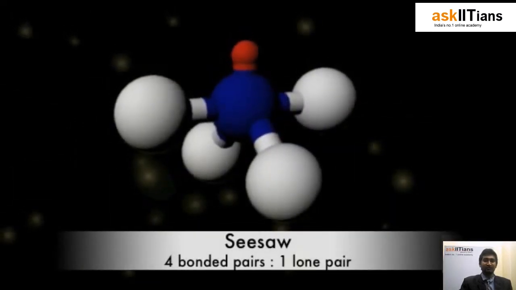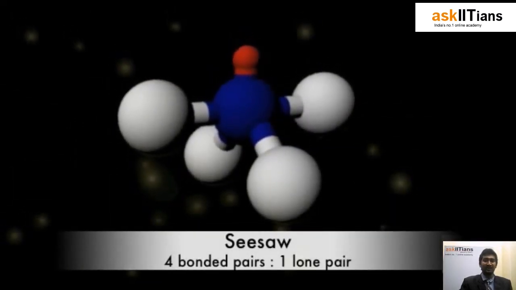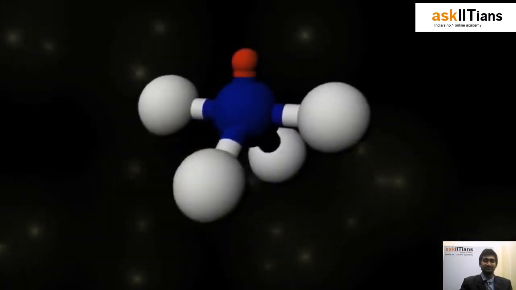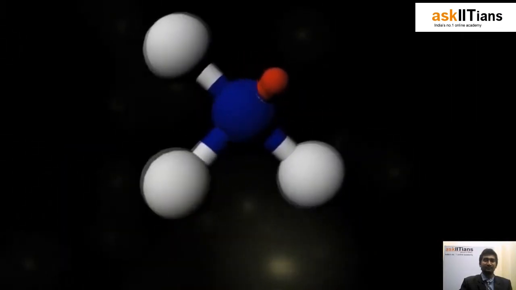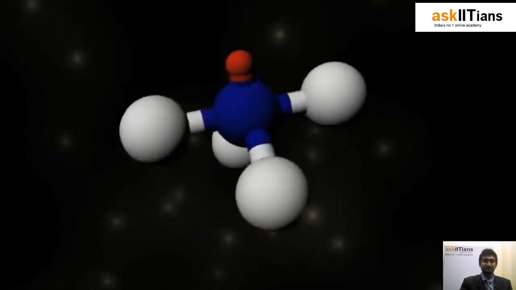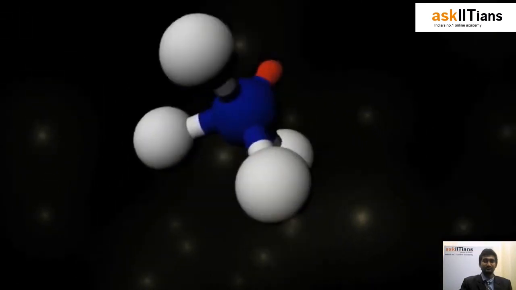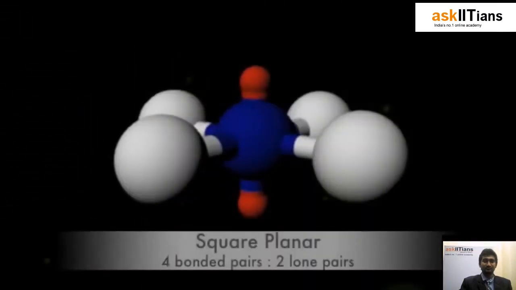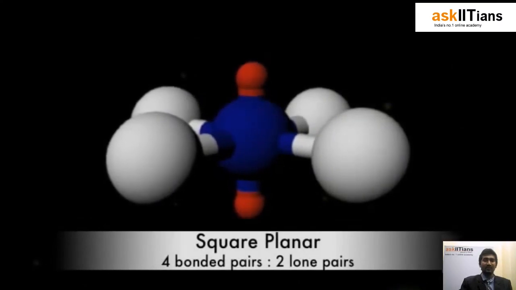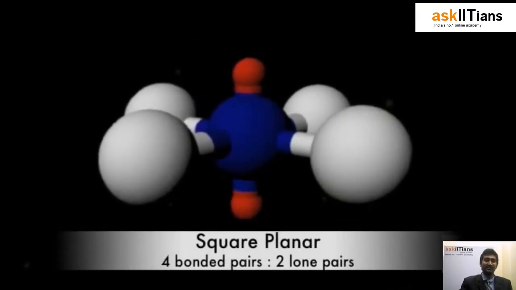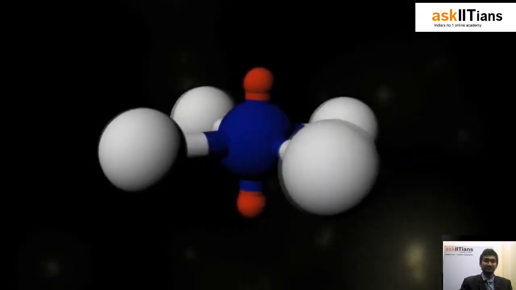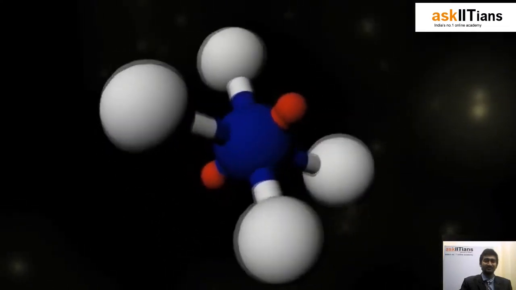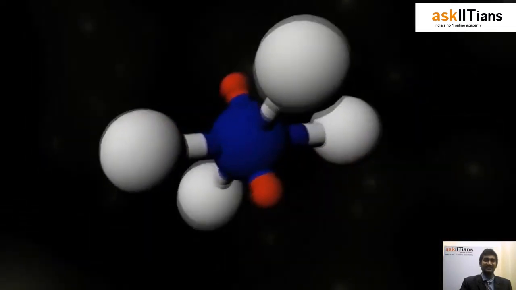Seesaw structure, 4 bond pairs and 1 lone pair, like SF4. Square planar, 4 bond pairs and 2 lone pairs, XeF4.